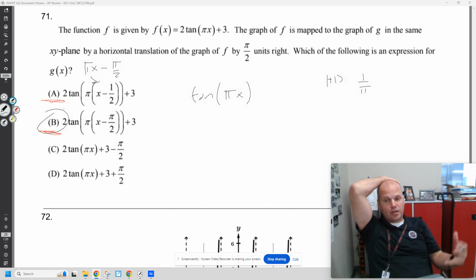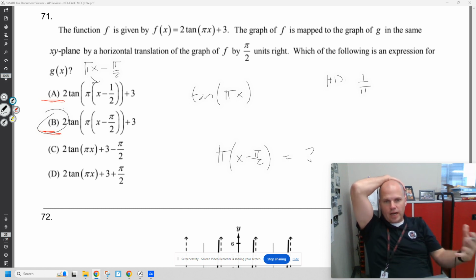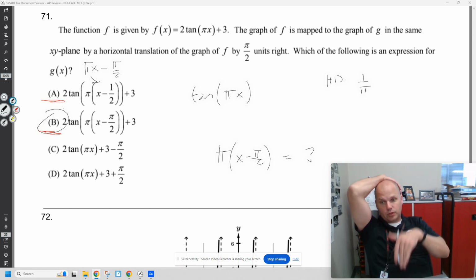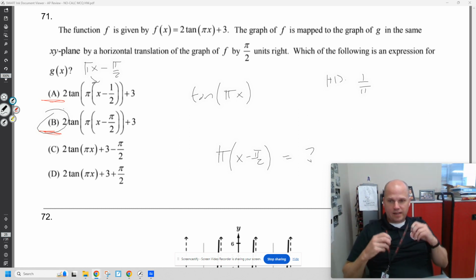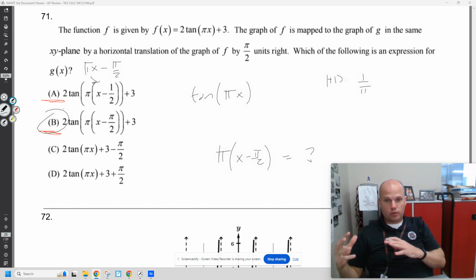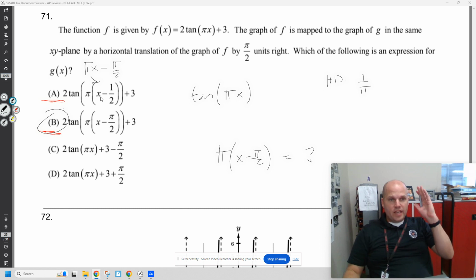Again, how do you invert this? If you have pi times x minus pi over 2, and you're trying to solve for x, you would divide by pi first, then add pi over 2. That's the whole dilation by a factor, and then the translation to the right. Dilation by a factor of 1 over pi. If I had this, I would shift first, then dilate.